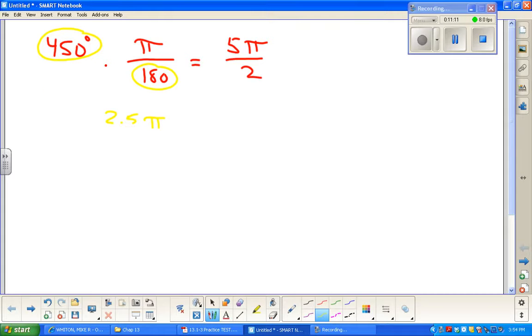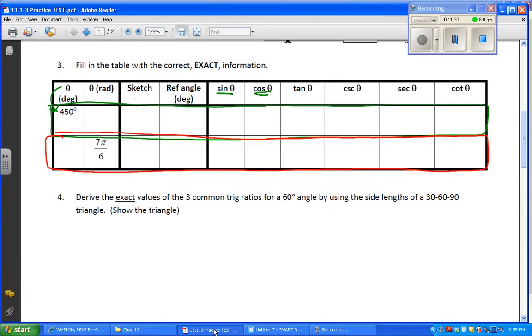So remember, use the math button: go 450 over 180, hit that math button, and have it reduce the fraction for you. 5 over 2 is the same thing as 2.5, but it's a lot more common to write it as a fraction. So that's the angle in radians, and our first blank would be 5 pi over 2.